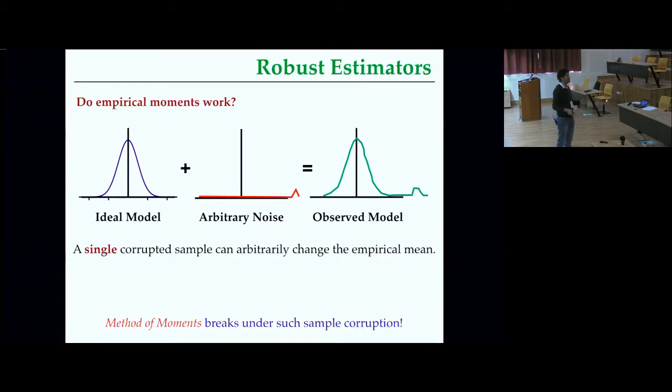Of course, this is silly, because if I corrupt exactly one sample, perhaps you will be able to notice it. But the point is that the basic estimator, the empirical moments, is just a bad one. So in particular, if you try to apply the method of moments to learn, let's say, mixtures of Gaussians with this silly estimator, you're going to fail arbitrarily badly. So you do need a different method, even if I introduce one outlier.